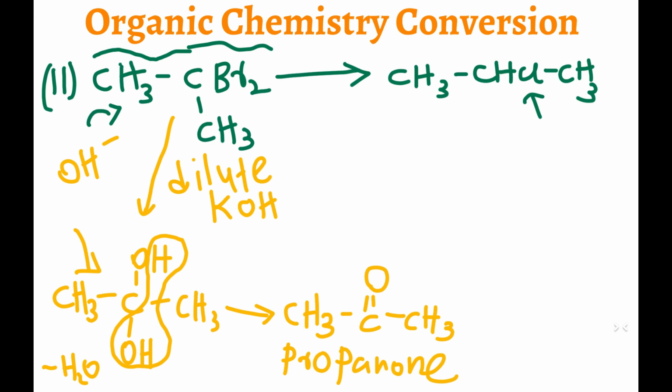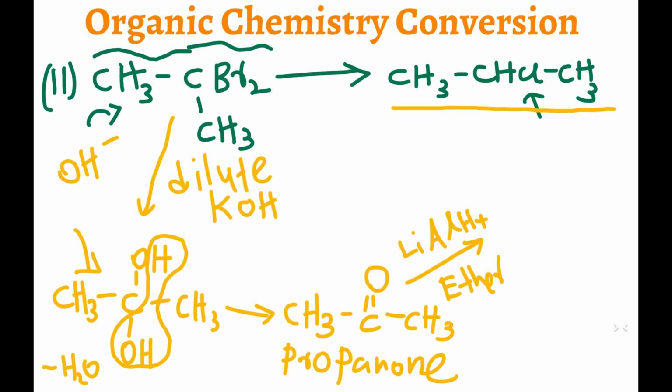After making propanone, we should follow about 2 steps to make this one. Thereafter we have to use lithium aluminium hydride in dry ether medium. That reaction makes this secondary alcohol.